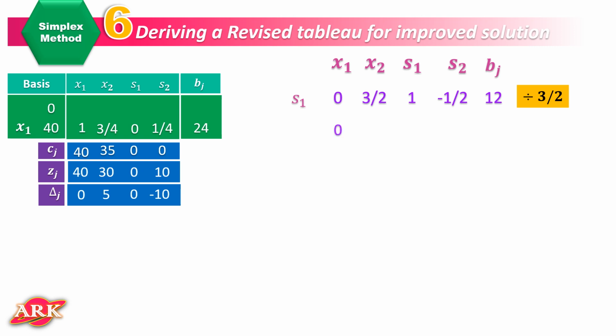If we divide S1 values by 3 by 2, 0 gives us 0, 3 by 2 gives 1, 1 by 3 by 2 gives 2 by 3, minus 1 by 2 gives us minus 1 by 3, 12 gives us 8. These are the values of x2. These are processed.